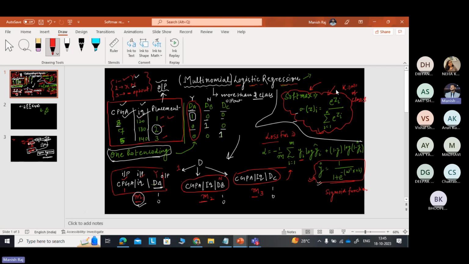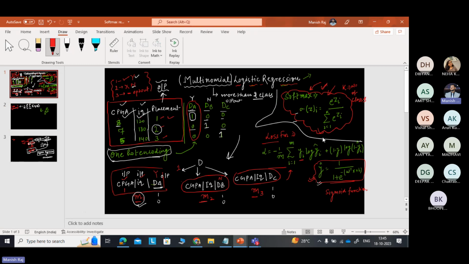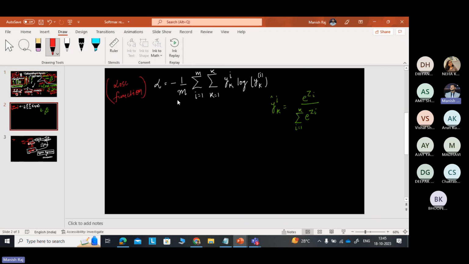So by this formula you can directly attempt this. And instead of that loss function, you will use this loss function. Even though the same interpretation applies, this loss function comes from the earlier loss function only. I am not going into the detail of this now. You can use this for multinomial logistic regression.